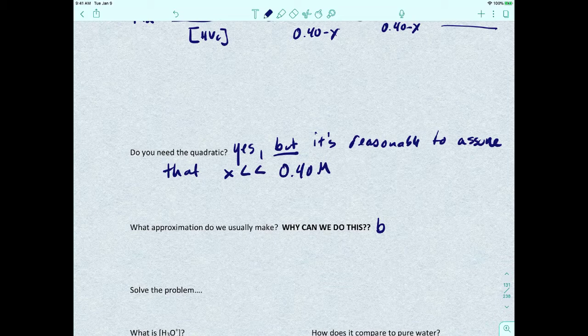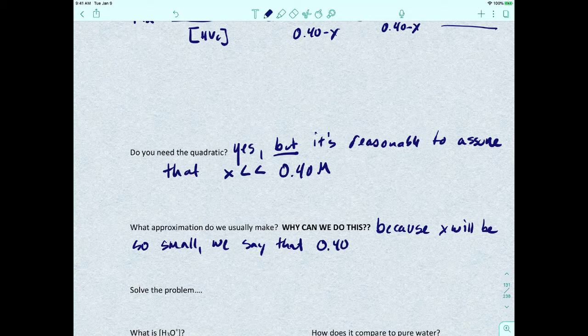Well, because X is going to be so small, we're going to say that 0.40 minus X, that expression for vitamin C, is really going to be the same as 0.40. So X is not going to change our value all that much.